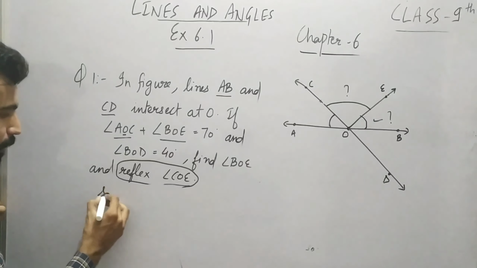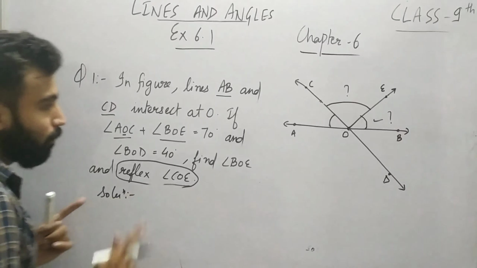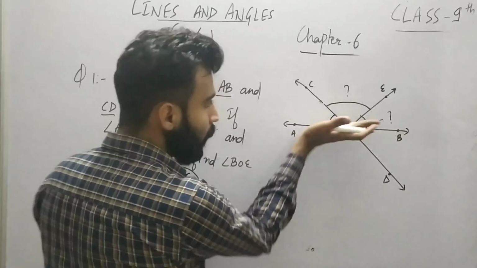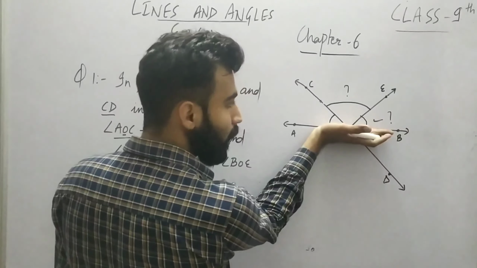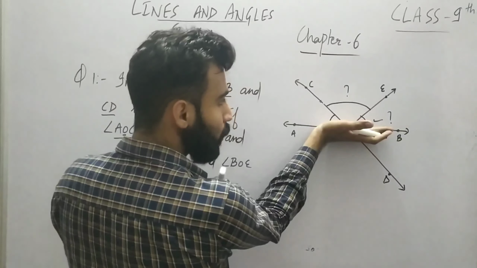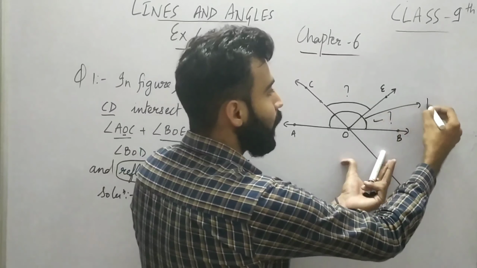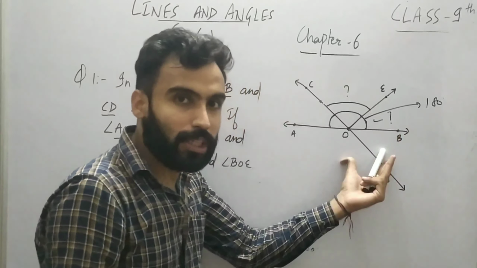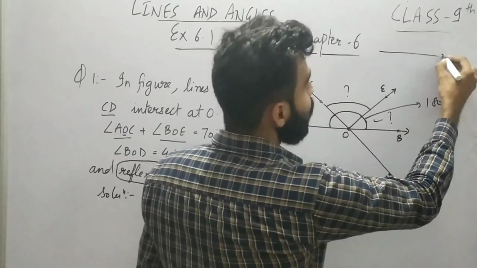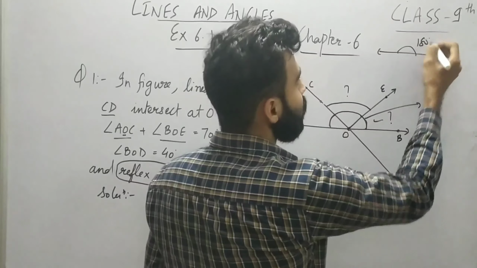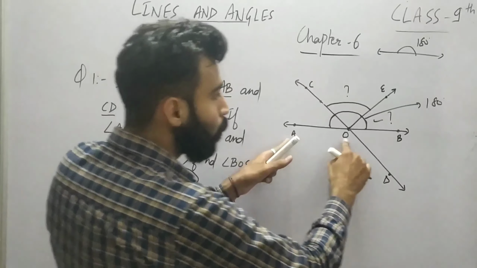So I'm writing here the solution to it. First step, if I observe, this is a straight line, that means this combined angle will be of 180 degree. I've told you in the previous section that a straight line has 180 degree angle. So this AOB is a straight line.